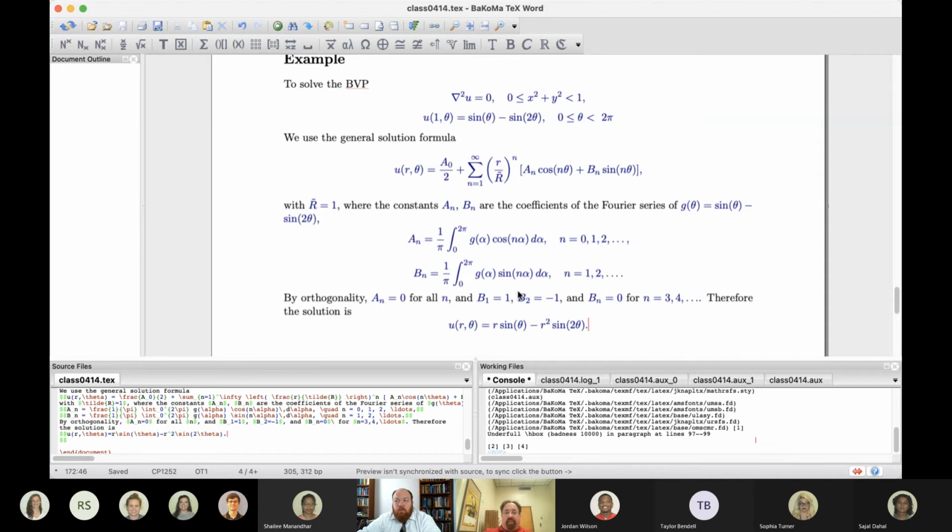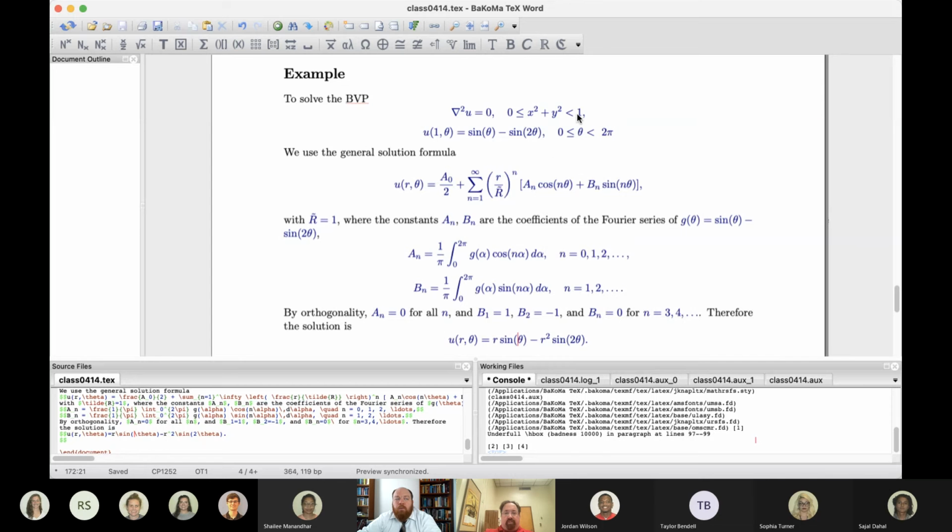What's going to be multiplying each of these in your solution are the appropriate powers of r, corresponding to whatever value of n you have, like sine or cosine n theta. Now, in this problem I had the unit circle. If I had a circle of a different radius, then that would have to be taken into account down here.